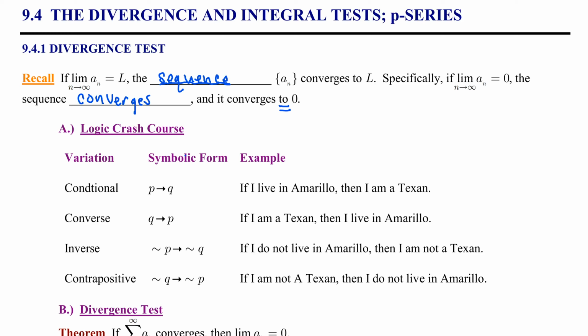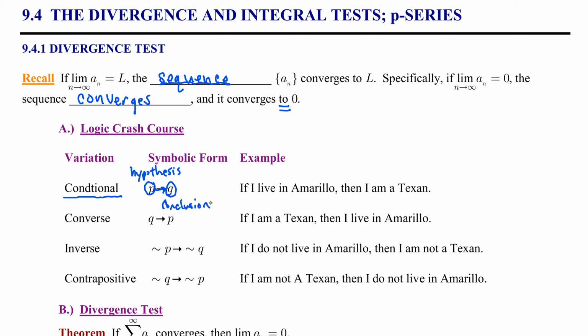That's called a conditional statement. This conditional statement can be written in symbolic form where the one direction arrow represents the conditional. We read that statement, if P, then Q. P is called the hypothesis of the conditional, and Q is called the conclusion.